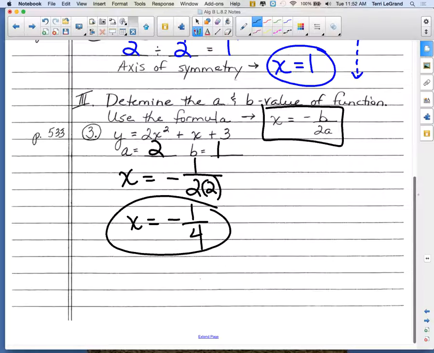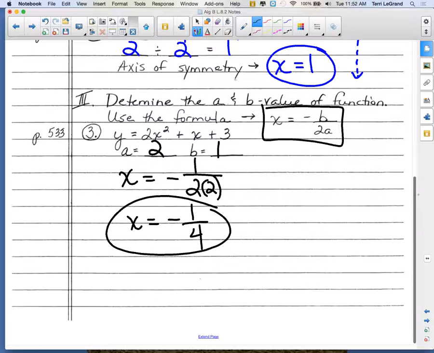We could have more than just that negative sign involved here. So always simplify your fraction first, or your number first, that you get from your b over your 2a. Get that simplified first. And 1 over 4 can't be simplified anymore. We just leave it 1/4. And then with that negative sign out front, say, what's the opposite of this? And it happens to be negative 1/4. So we can just leave it like that.